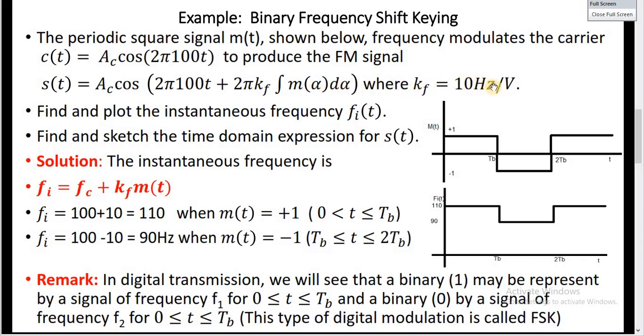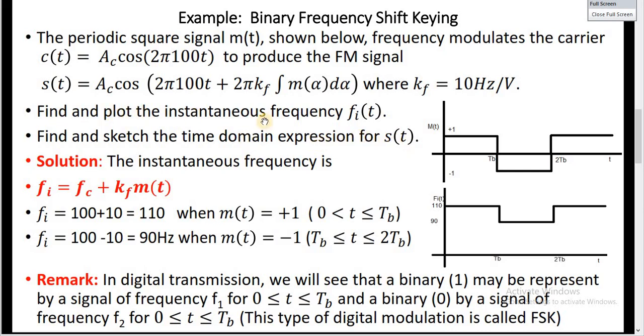Kf equals 10 Hertz per volt. So we need to find and plot the instantaneous frequency Fi of t and find and sketch the time domain expression for s of t.